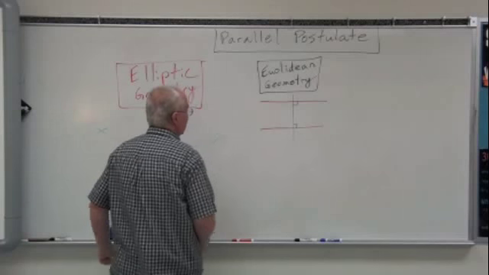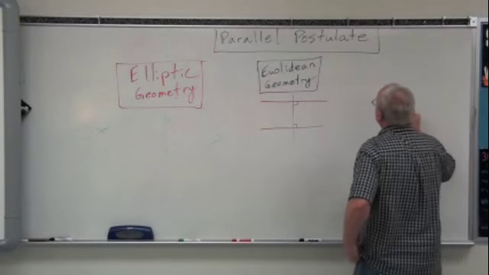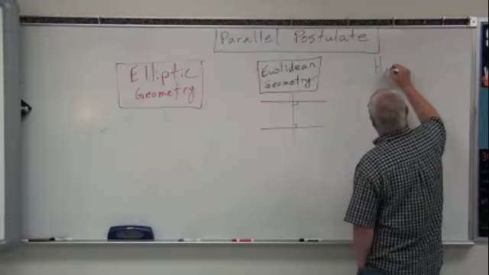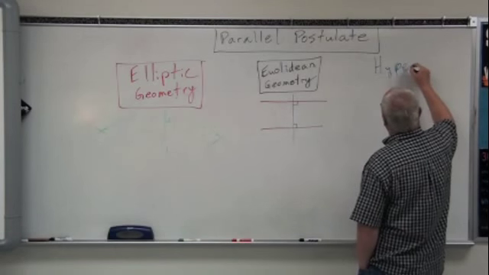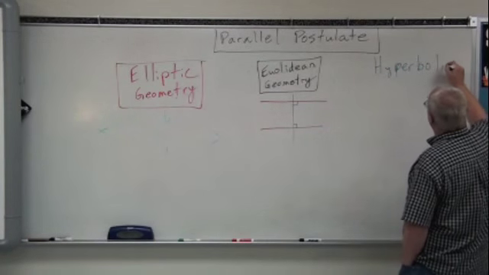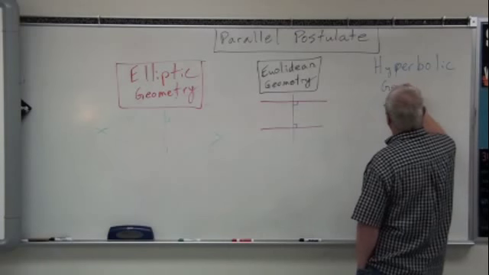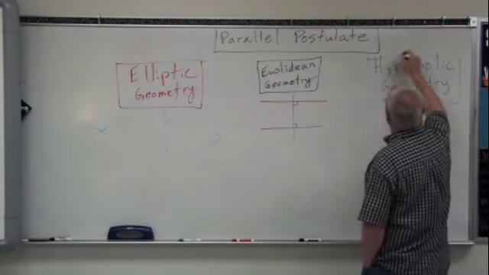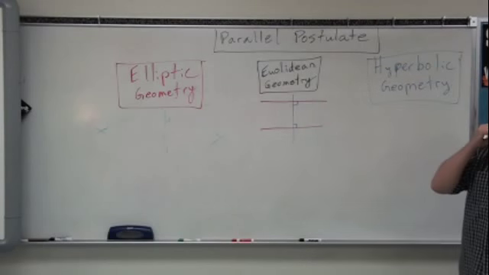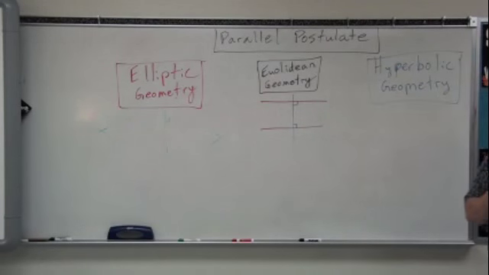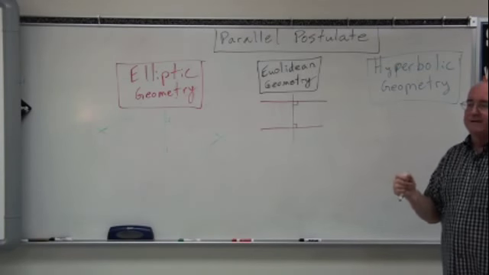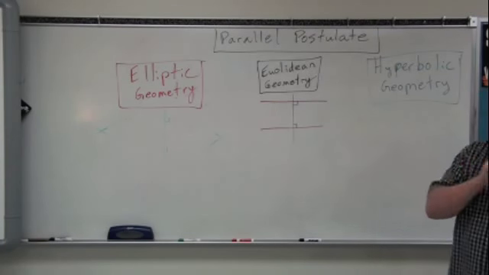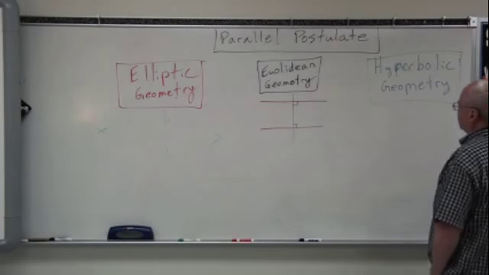Now the other geometry that we have is called hyperbolic geometry. And you'll see these terms on tests or whatever else that people have, and you'll see some of the assumptions that they have, and they'll state the assumptions, and then want you to pick the best example of what those assumptions mean.